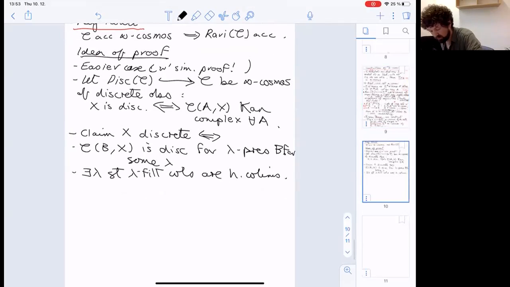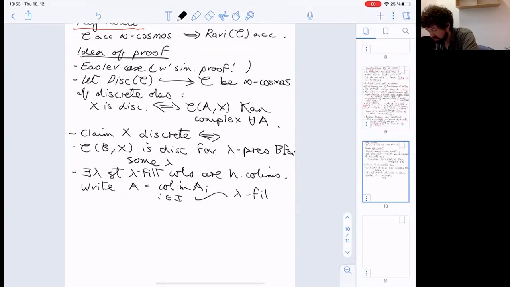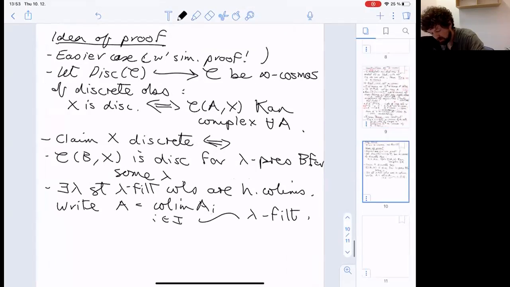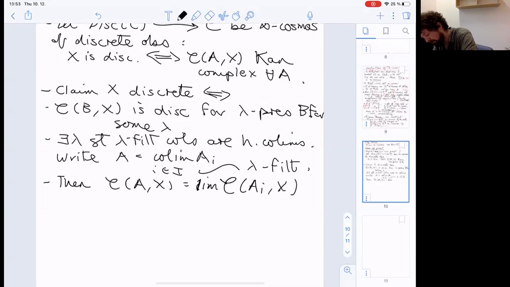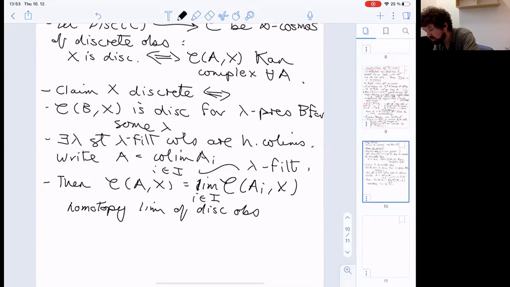Okay, so for a general object A, write it as the colimit over the A_i of some lambda filtered diagram, and then you can hom from A into X. So this then becomes a limit, a homotopy limit of discrete objects in QCat.